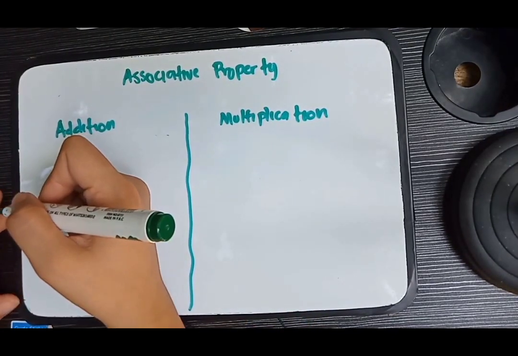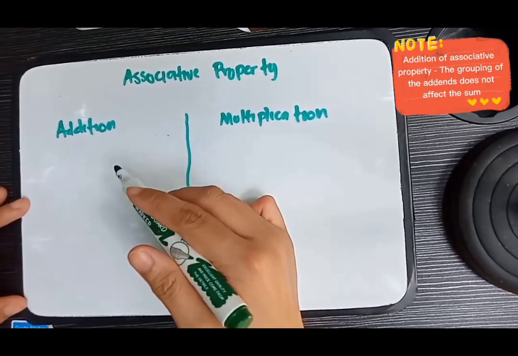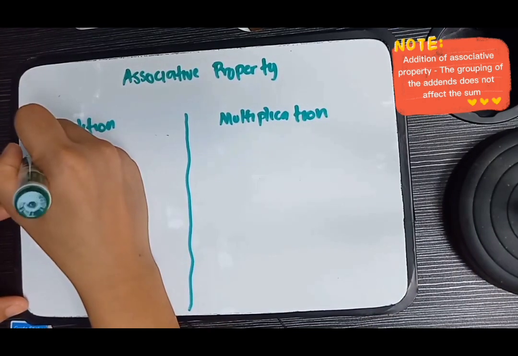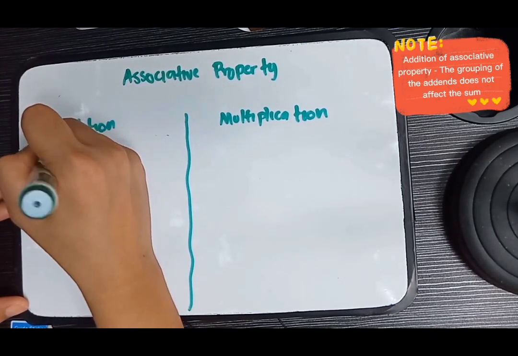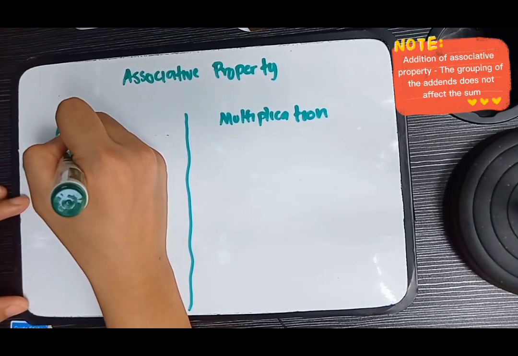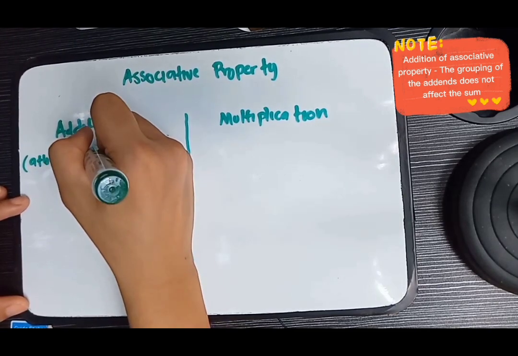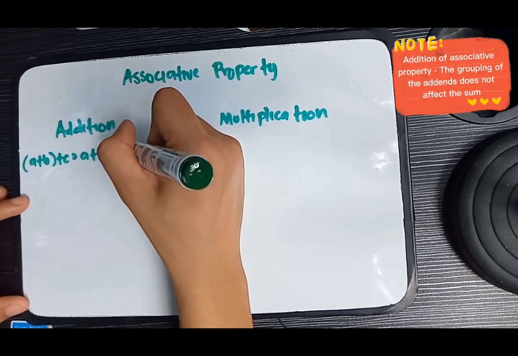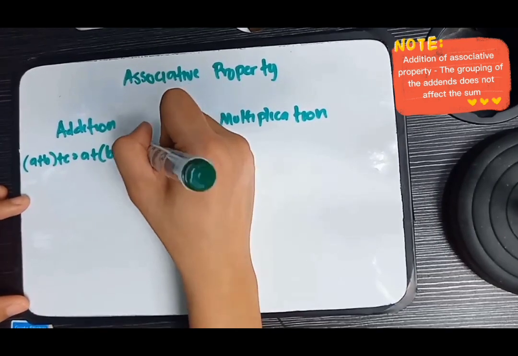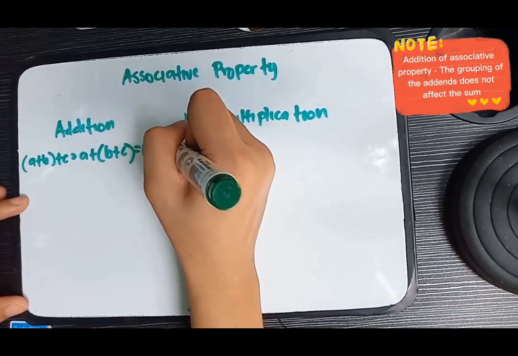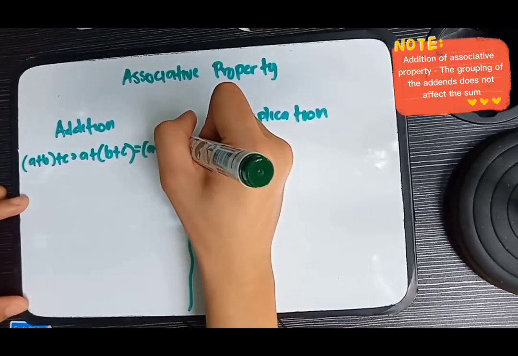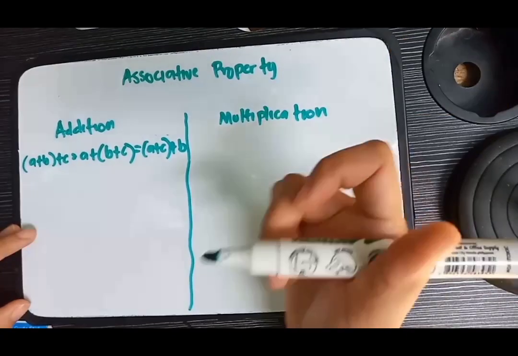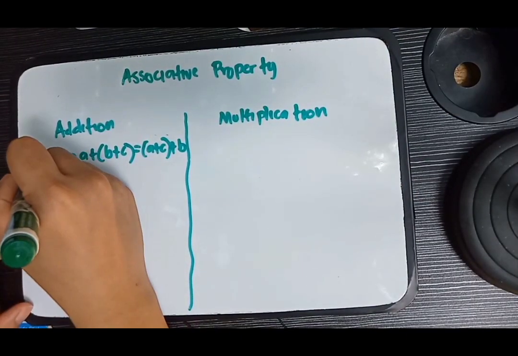In addition of the associative property, the grouping of the addends does not affect the sum. So, we have (A plus B) plus C is equal to A plus (B plus C), which is equal to (A plus C) plus B.